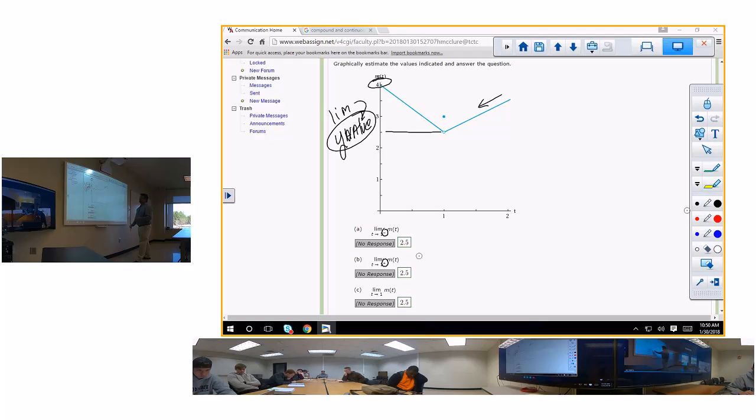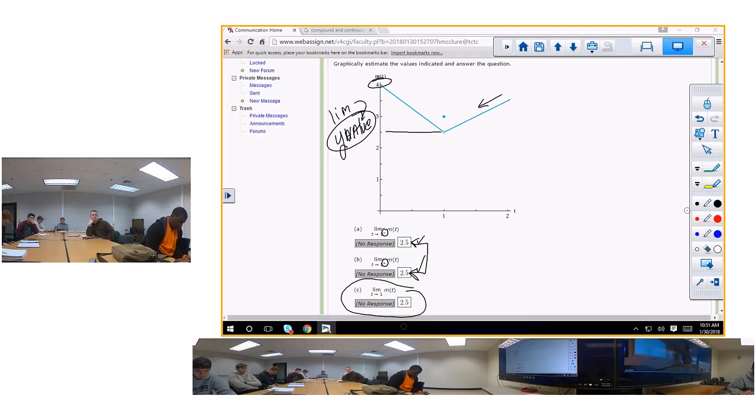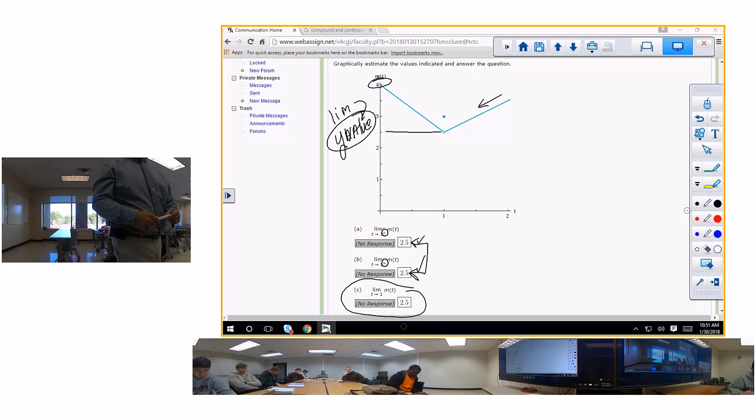If this matches this, then the limit is 2.5. Now that is a review. If these two are equal, then the limit of the function is that number. What if they're not equal? Then the limit does not exist, or it's not continuous.